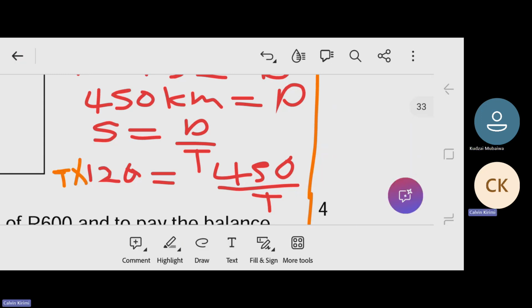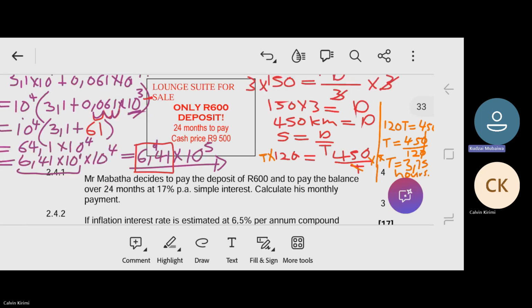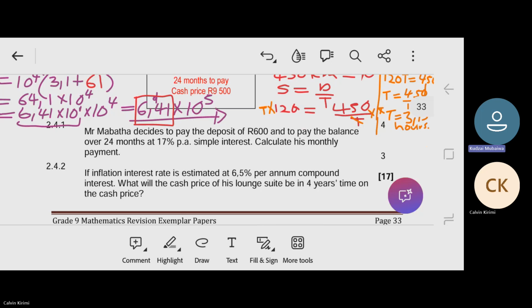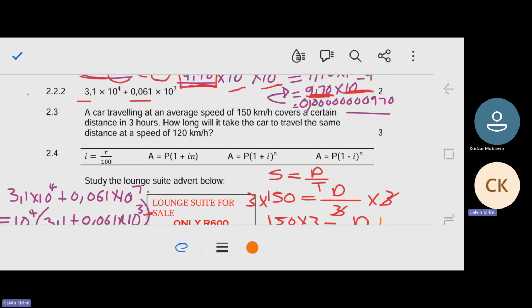So it is also fine if we use the formula. Which formula? We draw the triangle, and it's D on the top, S on the left side and T on the right side. Yes, it's the same thing that we are using. This one you use when you've forgotten the rule.